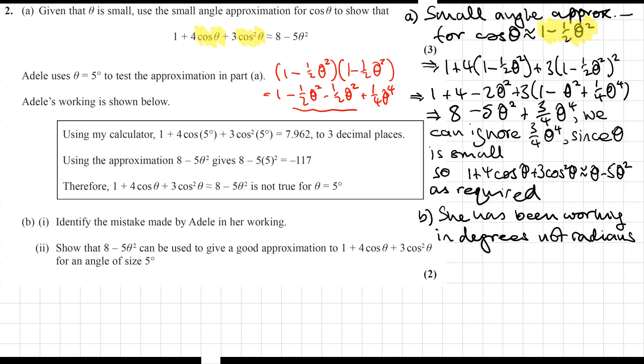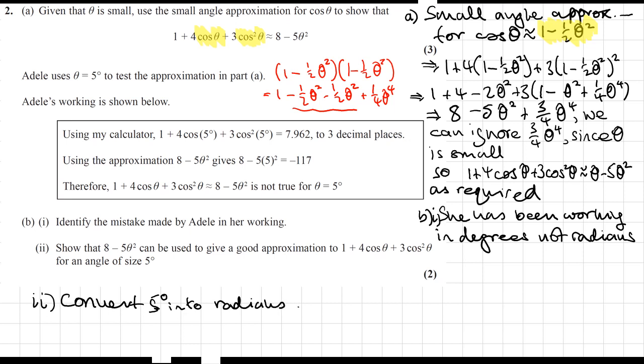And then the second part of part B, down here, it says show that 8 minus 5 theta squared can be used to give a good approximation to 1 plus 4 cos theta plus 3 cos squared theta for an angle of size 5 degrees. So the first thing that we need to do is to convert 5 degrees into radians.